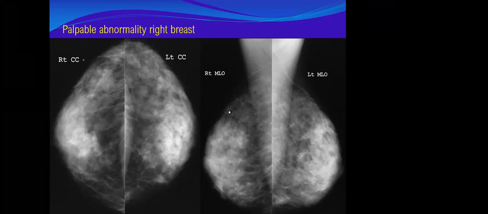On MLO, yes. You see, on MLO and even in the CC, that is the one on the CC, and here on MLO, that reflects the area of the palpable mass. So the palpable abnormality is in the upper outer.